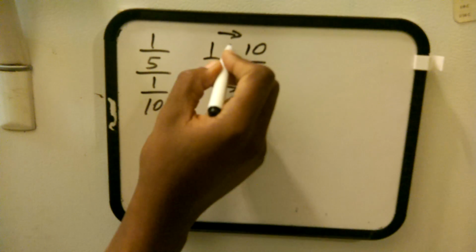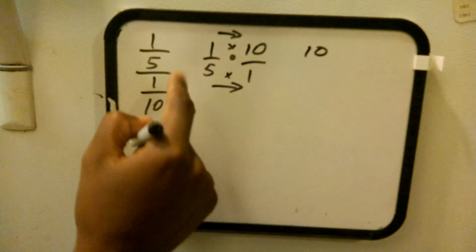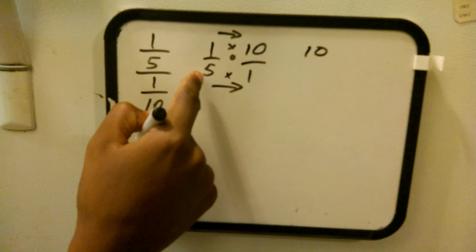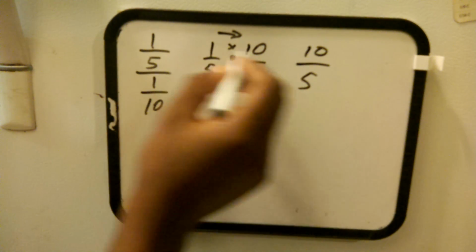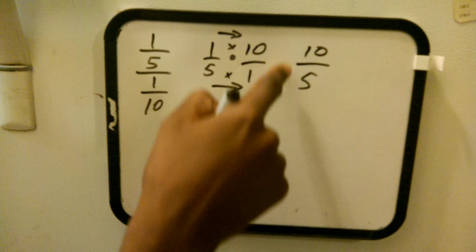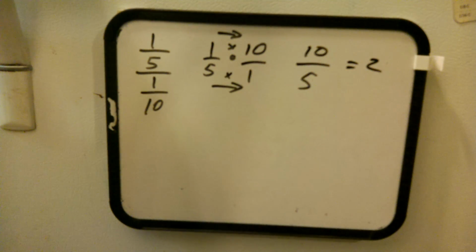So that would be 10, and then that would be 5 times 1, which is 5, and that was 10 times 1, which gave you 10, and 5 divided by 10 equals what?